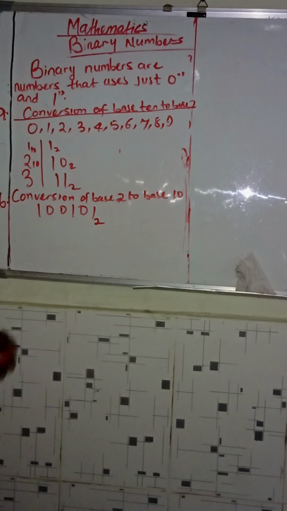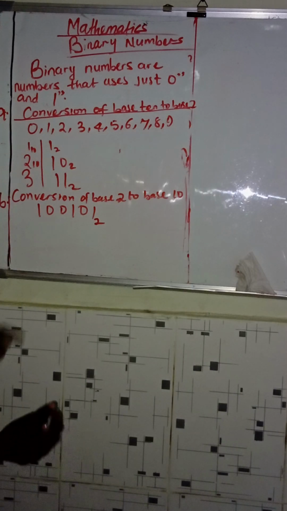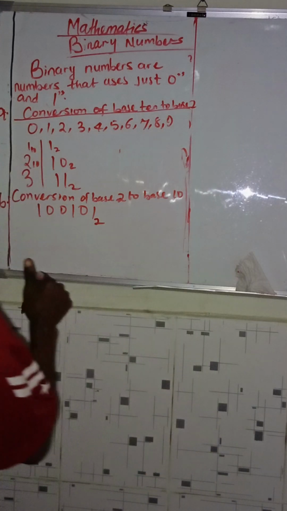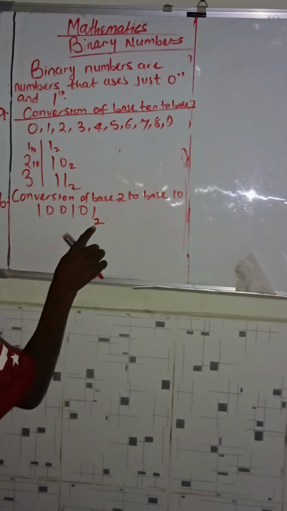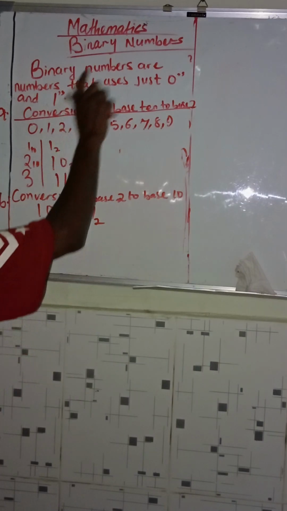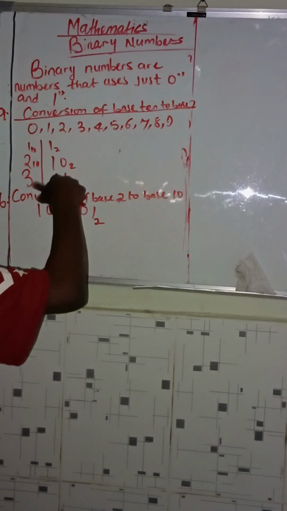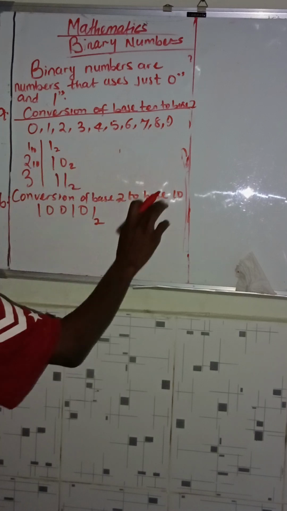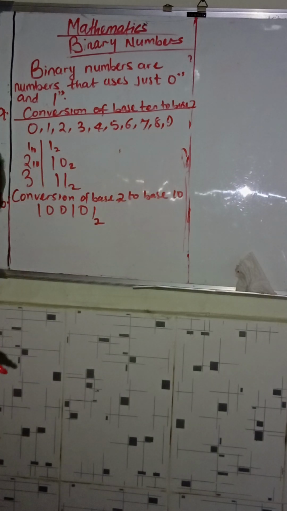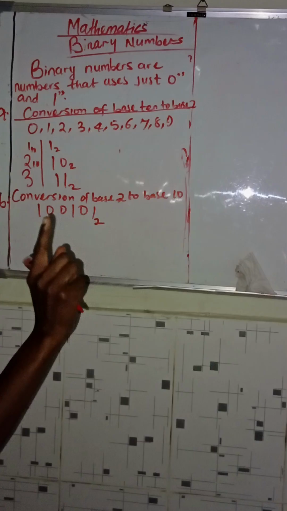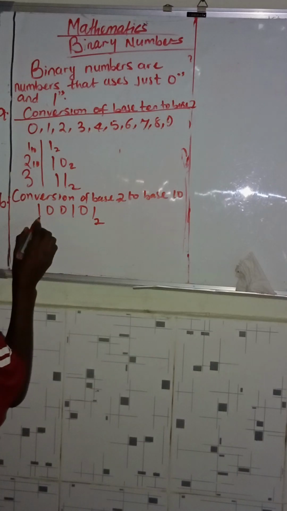We want to convert. The first thing you need to do, this is quite different from the other one. The first thing you need to do here is, since it's base 2, don't forget when we were converting to base 2, we divided by 2. Now that we're converting to base 10, we would multiply by 2 individually. So let's go for this one.